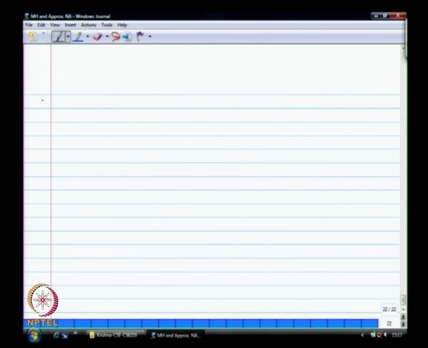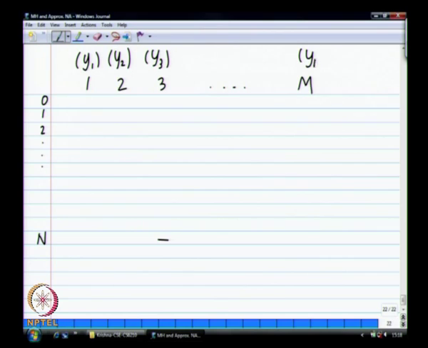So now my table essentially looks like this. Assume that the table has these row values.